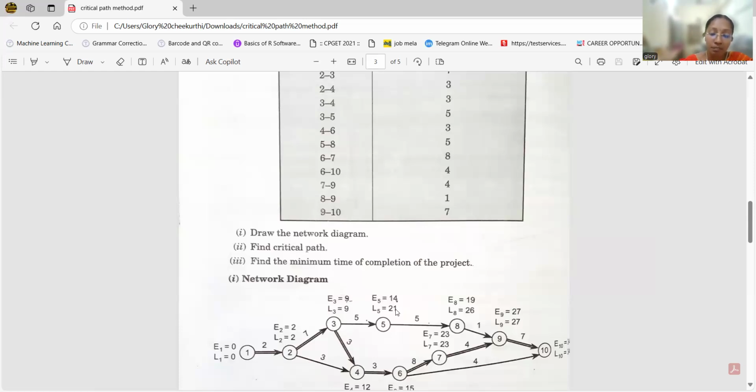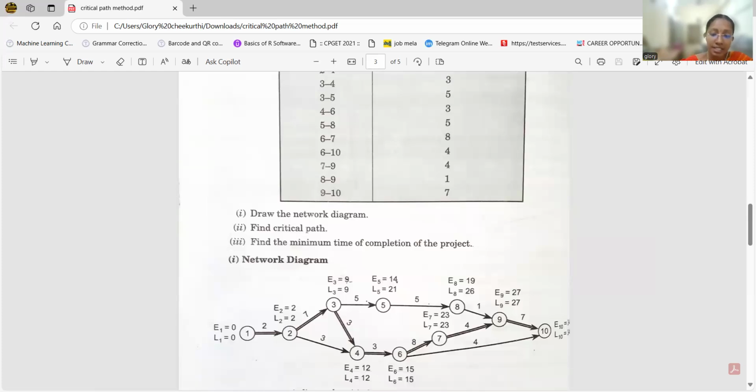That maximum time is 2 plus 7, 9; 9 plus 3, 12. So we write 12. Why should we not take the other one? 2 to 4 means this is 2 and this is 3, only 5. We have to take the maximum time, so that's why E4 equals 12.